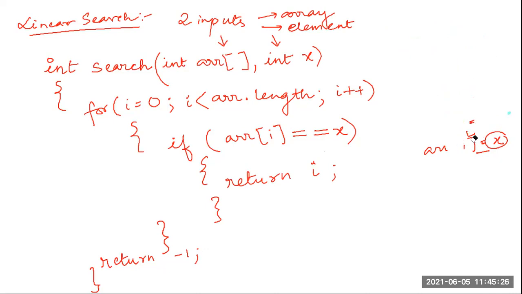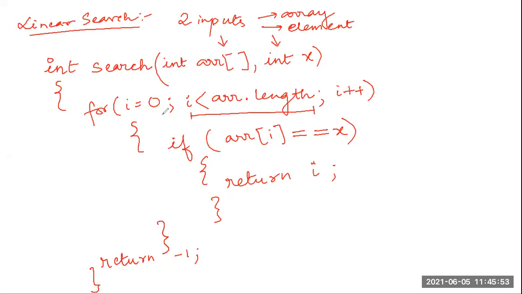Now how from an algorithm do we find out the time complexity? You tell me, how many times will this entire for loop run? Okay, fine.